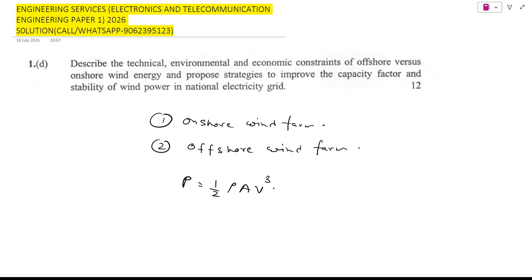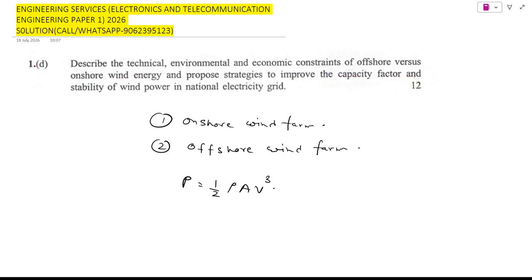Okay, and what are the challenges of this? Marine ecosystem disturbance, impact on the fishes, underwater noise during construction, and the possible interference with fishing activities. Okay. Now, students often think like offshore has no environmental issue. That is incorrect. The environment changes from the terrestrial ecology to the marine ecology.